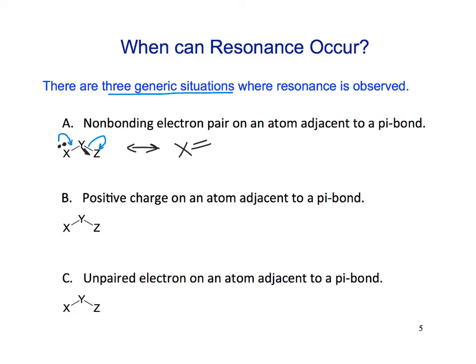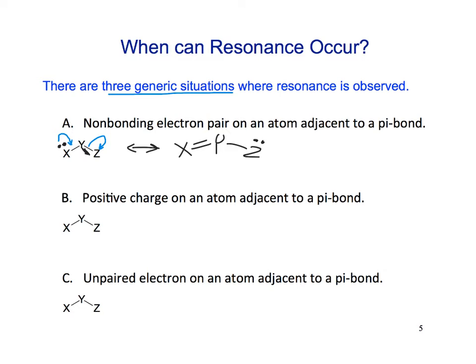Now, where the double bond is to X, and the non-bonding pair of electrons is on Z. All right? So in some cases, this X and this Z group could be charged, or some types, depending on the atoms, it could be neutral.